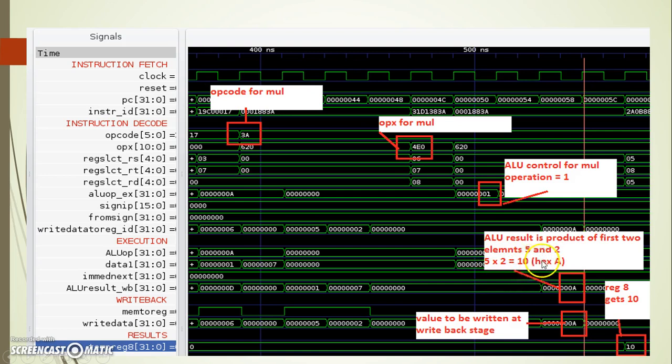These are multiplied, giving 10, whose hexadecimal equivalent is A. It is obtained at the ALU result output and then given to the write back stage. The mem2reg is 0 here, and the 0A is given to temp reg 8.